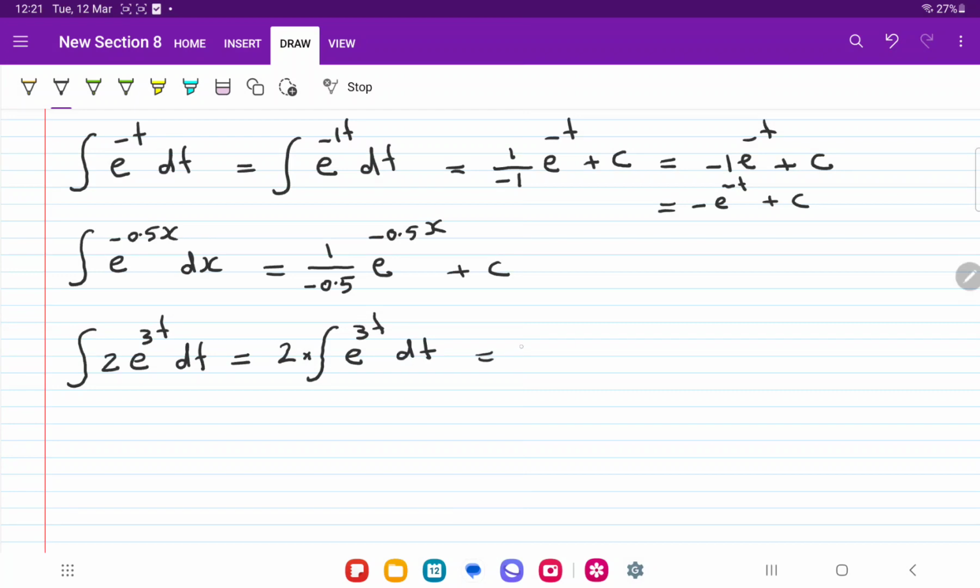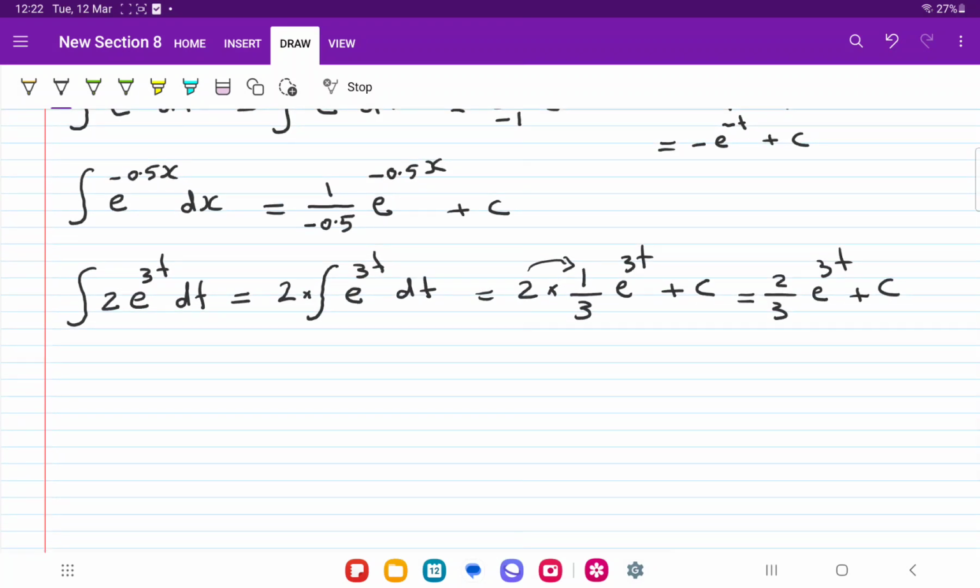So I'm going to keep 2 there, times the integral of e to the power 3t, which is 1 over 3 e to the power 3t plus c. That's the integration. I'm going to simplify it: 2 times 1 is 2 over 3 e to the power 3t plus c. As you can see, the example is getting harder, so let's do one more example.